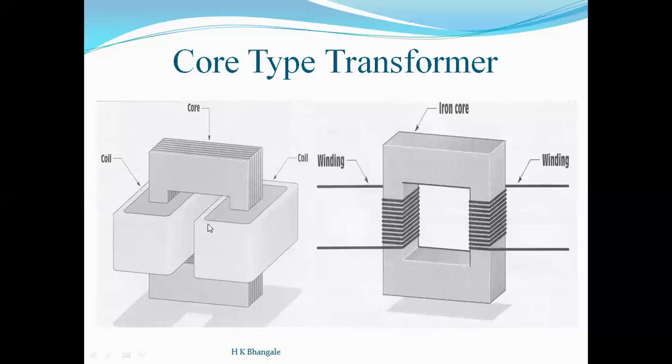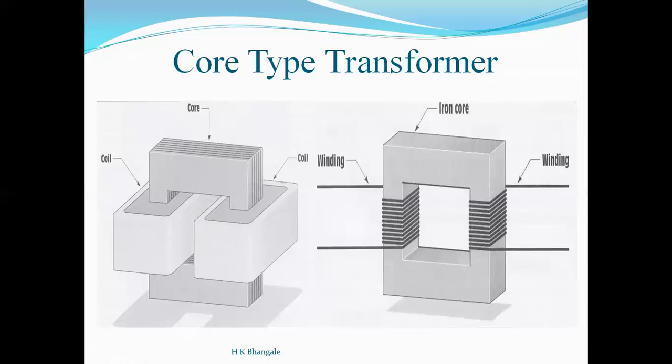The low voltage coil is placed inside, near the core, while the high voltage coil surrounds the low voltage coil.